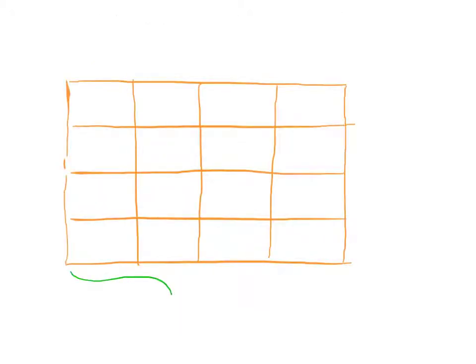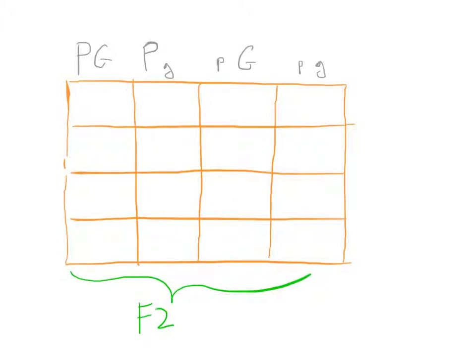This big Punnett square will yield the F2 generation, and the gametes of one parent will go across the top like this. And the other parent will go down the side like this. Fertilization occurs when sperm meets egg.